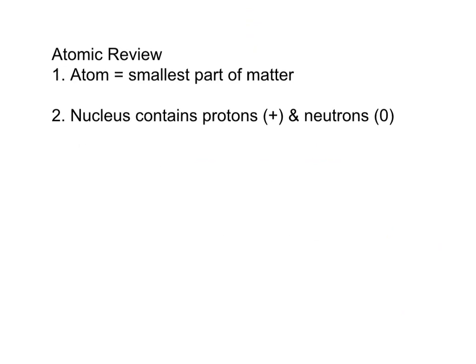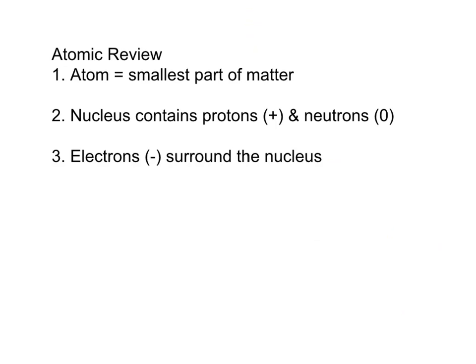This leads us to a little bit of atomic review. Again, there are subatomic particles, but for what we're discussing, an atom we consider the smallest part of matter. The atom's nucleus, remember, contains protons, which have a positive charge, and neutrons, which have no charge.